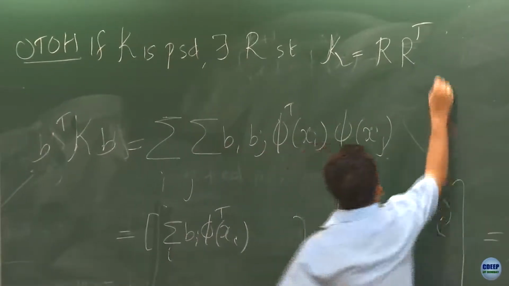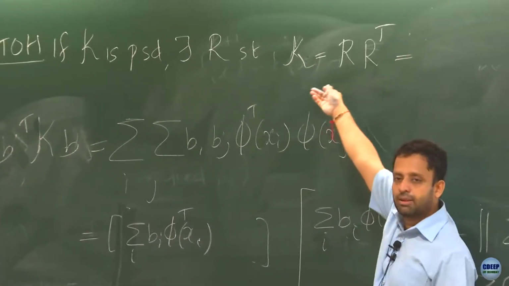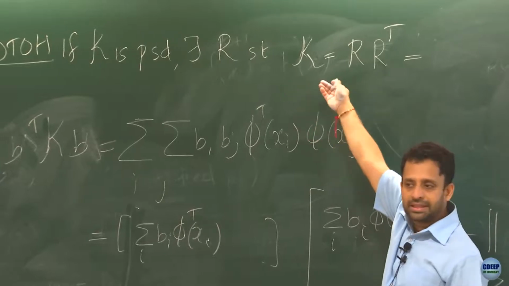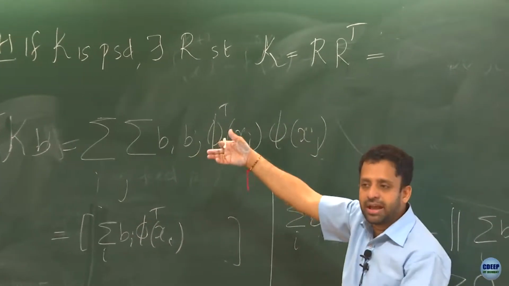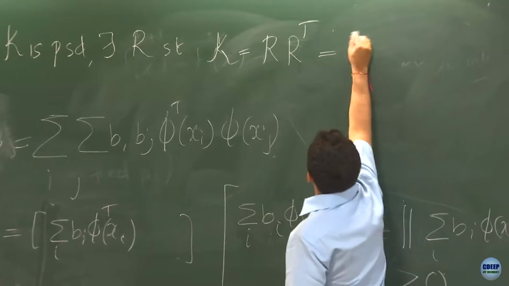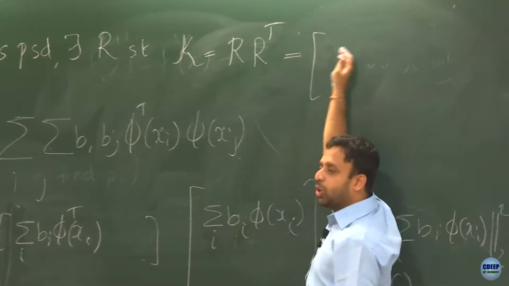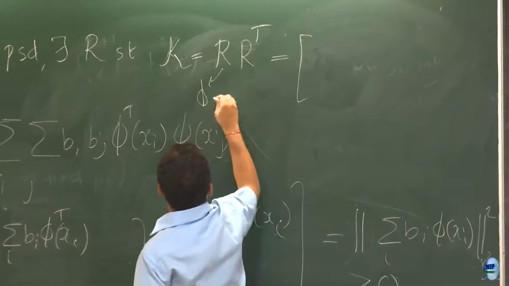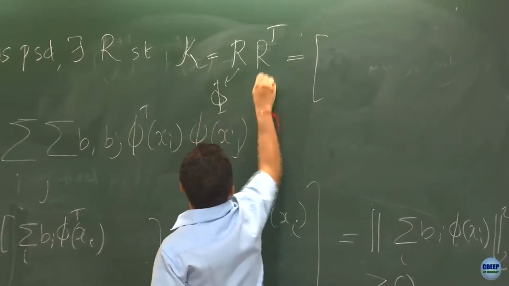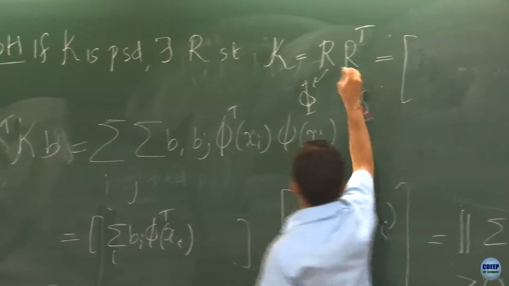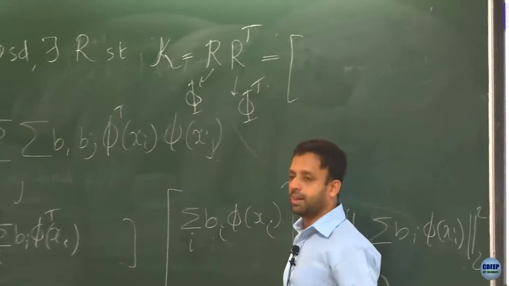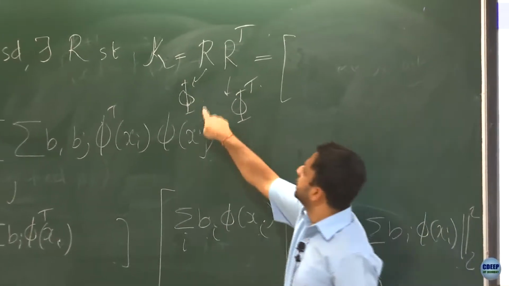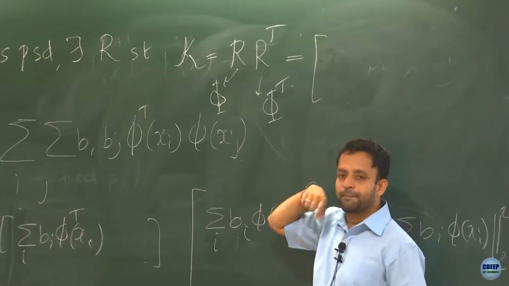And what is this R then? What will you see this R as? Phi. This R is basically a phi that gives me back the kernel. What will be the rows of R? This will be that big matrix phi, the matrix phi that you have seen in regression. What will be the form of this phi?